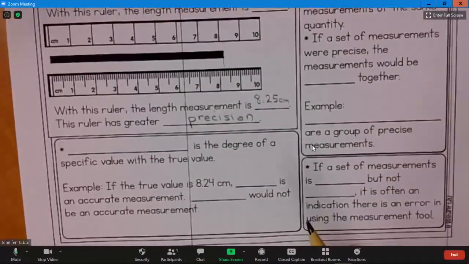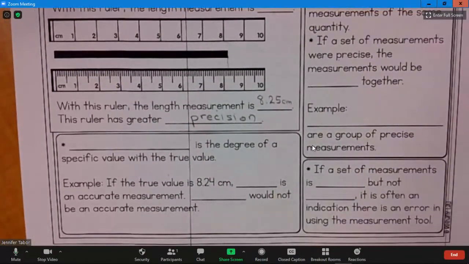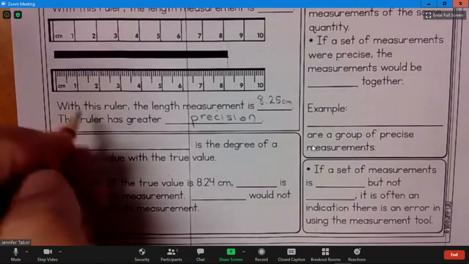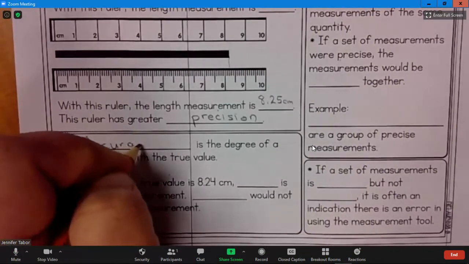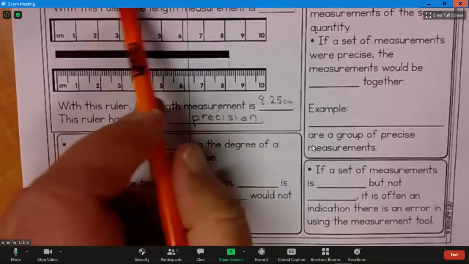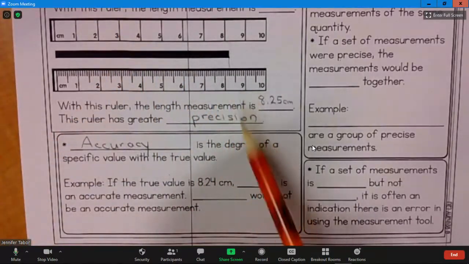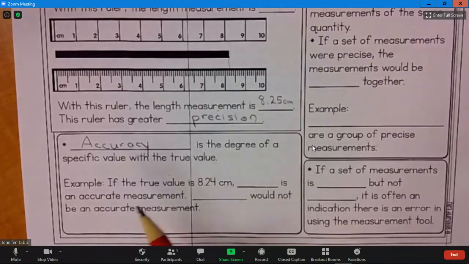Moving on down here, we're going to define a term here, and that is accuracy. And we talked about precision being how the measurement, right? But accuracy is the degree of a specific value with the true value, how close the value is to the true value, right?